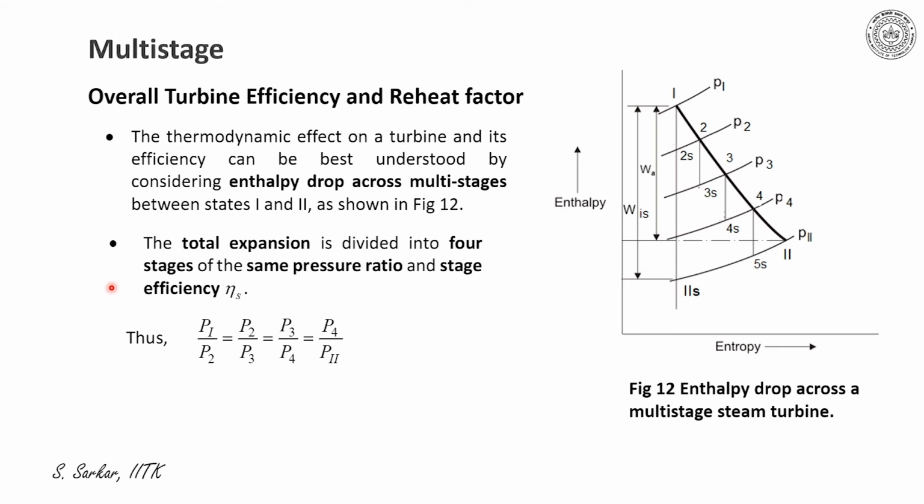If the pressure ratio of each stage is the same, then I can say P1 by P2 must be equal to P2 by P3, P3 by P4, and then P4 by P2, that is Roman 2. So what I would like to say here is that the pressure ratios of each stage are the same.